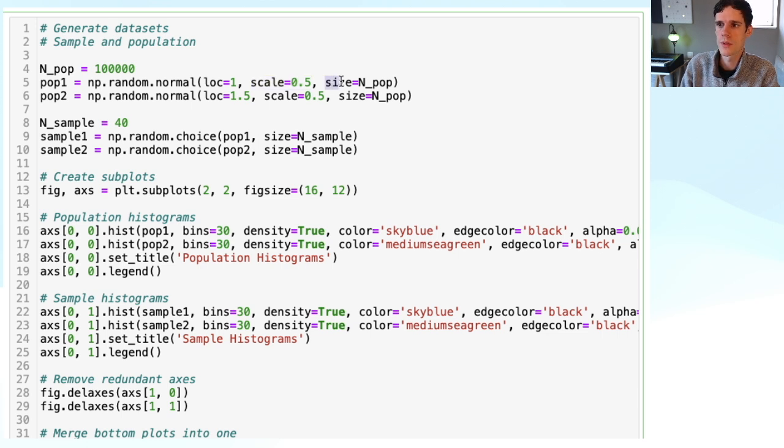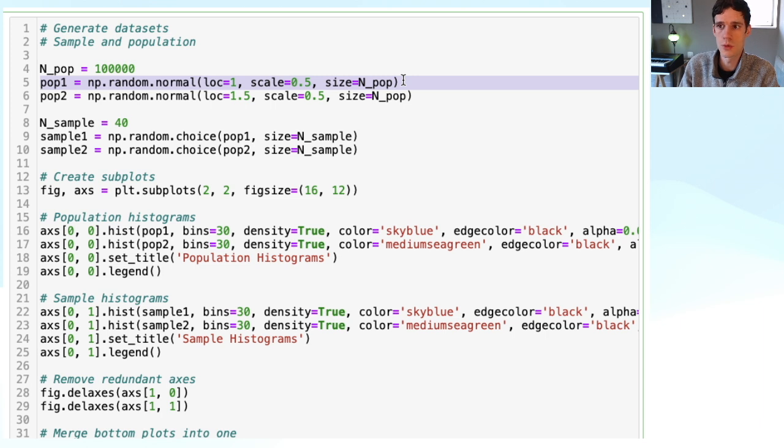The third parameter in this function is the size parameter, which basically means how many numbers we want to generate according to these specifications. And of course, this will be npop, our 100,000 artificial data points. And thus, it is this single line of code that generates 100,000 random numbers, which are nonetheless distributed according to a normal distribution.